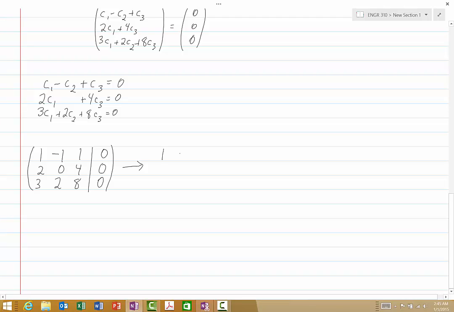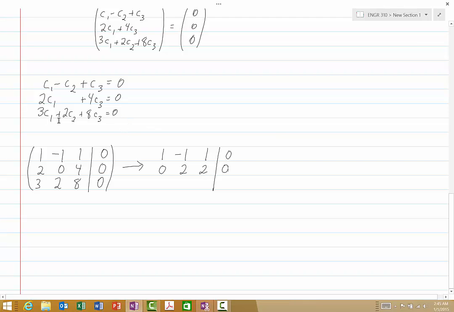So we'll have 1, -1, 1, 0. And then when we add -2 times the first row to the second row, -2 times 1 is -2, and 2 gives 0. -2 times -1 is +2, and 0 gives 2. -2 times 1 is -2, and 4 gives 2. -2 times 0 is 0, plus 0 is 0.